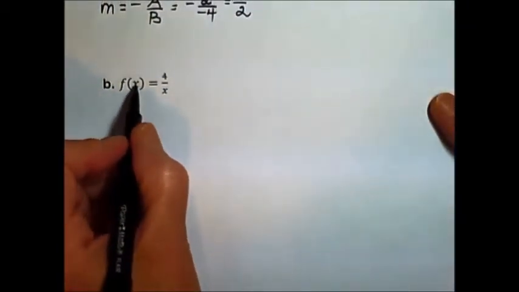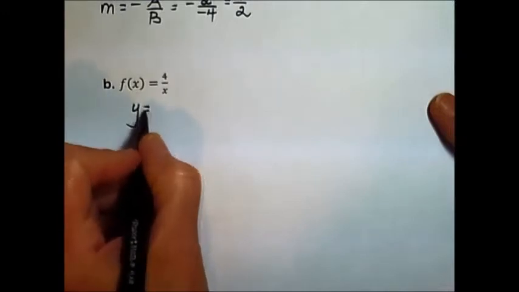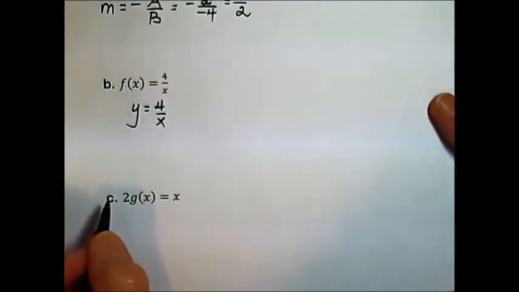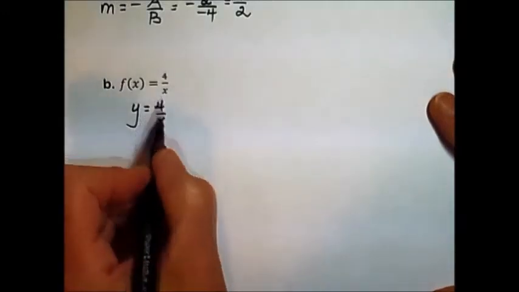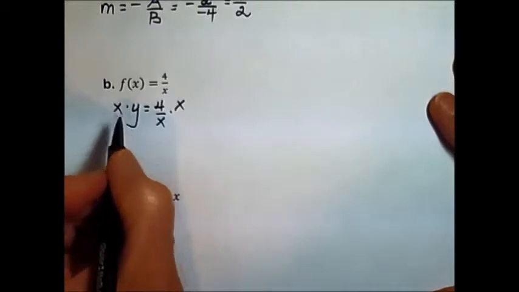In this next example, we have function notation. Doesn't look like our standard form, but let's replace the function notation with y, which makes it look better. We want x and y on the same side, so let's get rid of the fraction, having the denominator here of x.